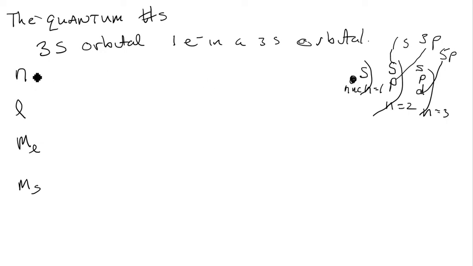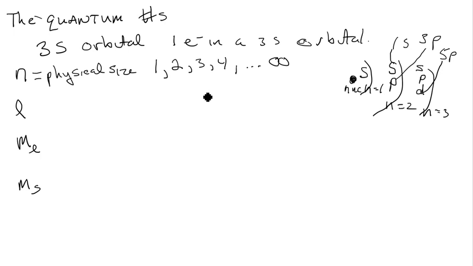So n, remember, is about physical size, how far away from the nucleus on average an electron is, and those can take on values starting at 1, going up to infinity with integer steps.